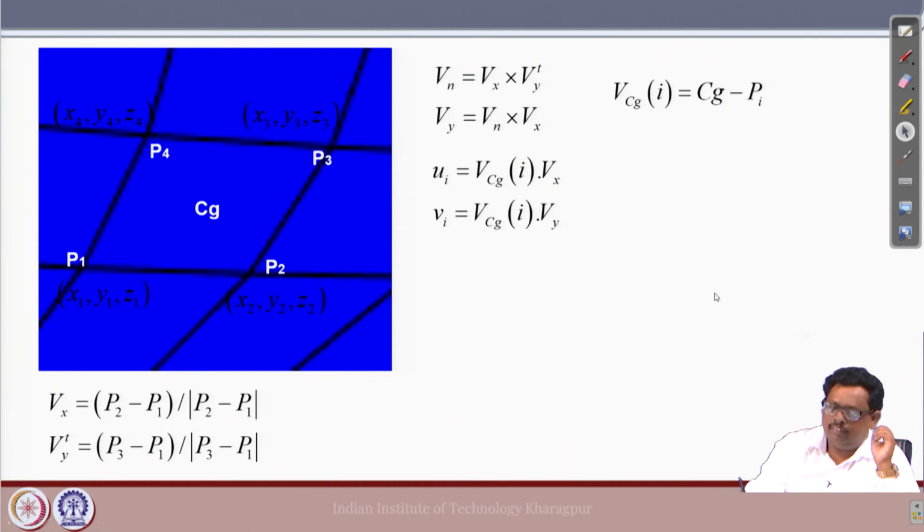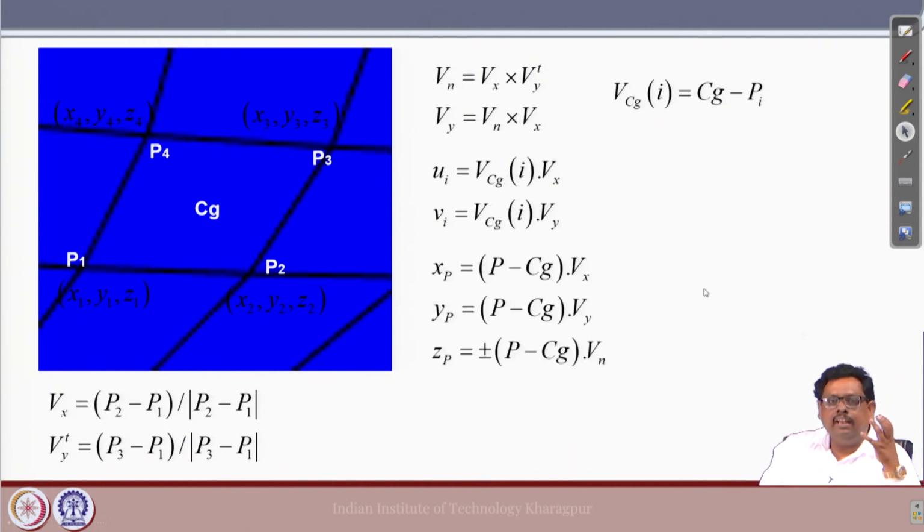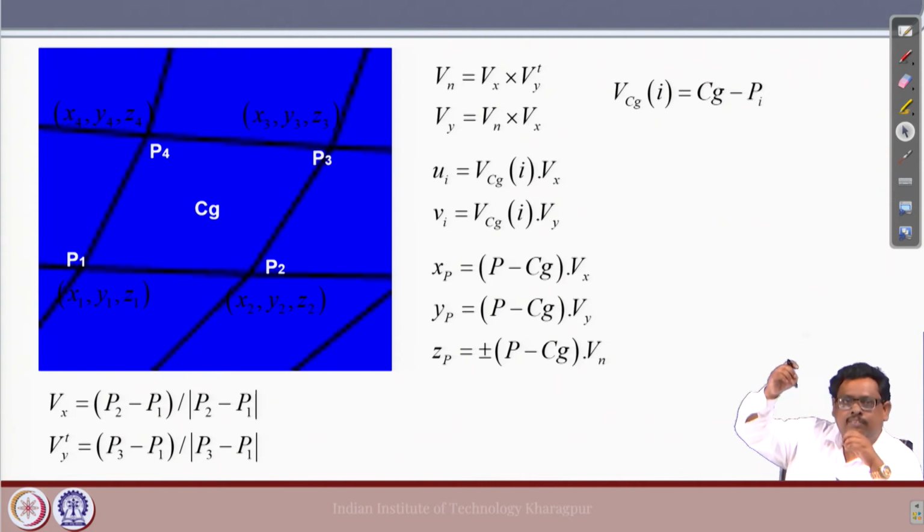Here again it is very simple. P is the source point, so I can define that xp is nothing but the distance, the x component: P of x minus Cg of x.